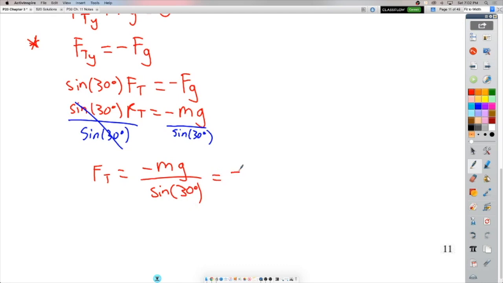And sorry, quickly before I go, I'm going to define my directions because I'm throwing in numbers now. I need to be careful with what directions are actually going to mean in terms of signs. So let's call up positive, down negative. Might as well call right positive and left negative, though that's not going to be relevant to this part. Negative, the mass we were told was 250 kilograms, okay? Now, g is 9.81 meters per second squared. It's a vector.